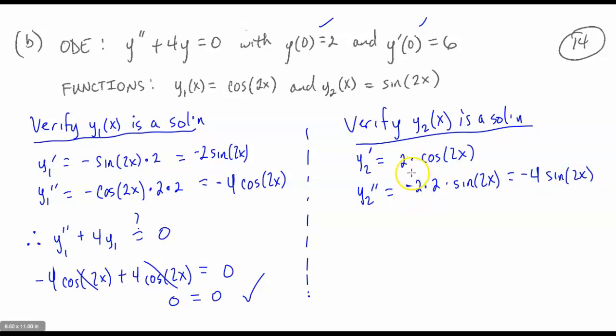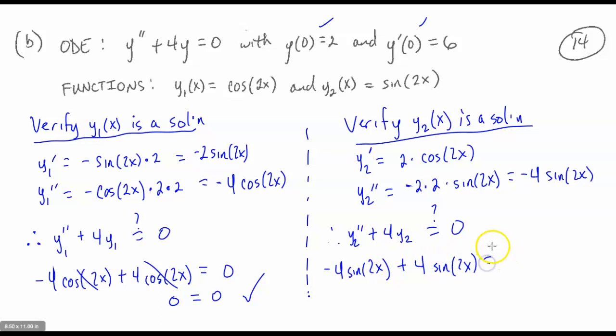And again, that's using the chain rule again. So therefore, we know y2 double prime plus 4 times y2. Does that equal 0? Plug everything in. Minus 4 sine of 2x plus 4 times sine of 2x. And that indeed equals 0 again, because the left side, both those terms cancel out.